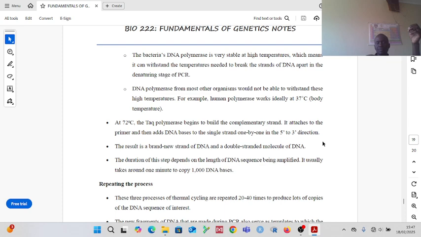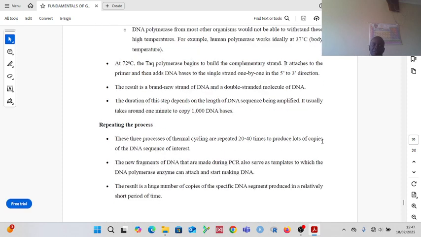That process repeats itself. The 3 stages repeat many times, so that we produce many copies of that particular DNA sequence of interest.